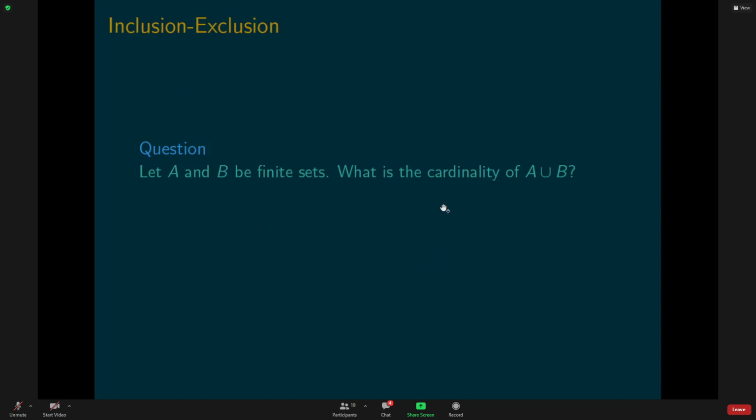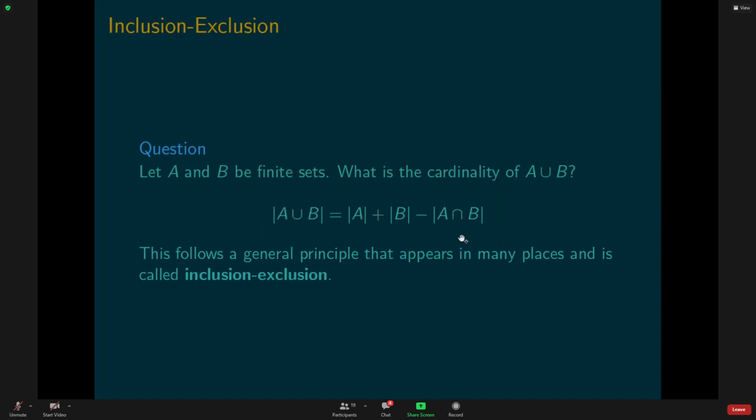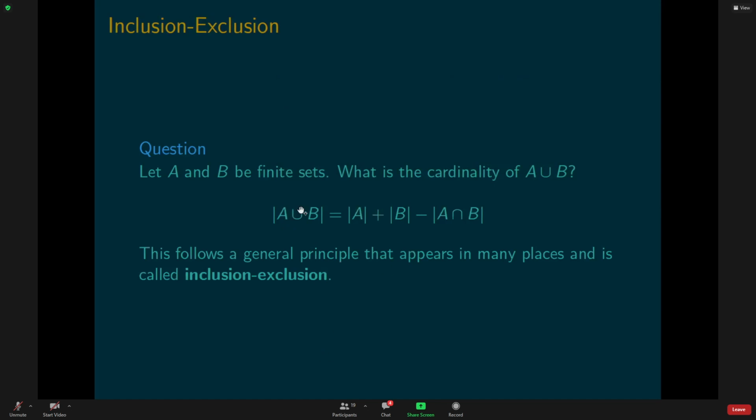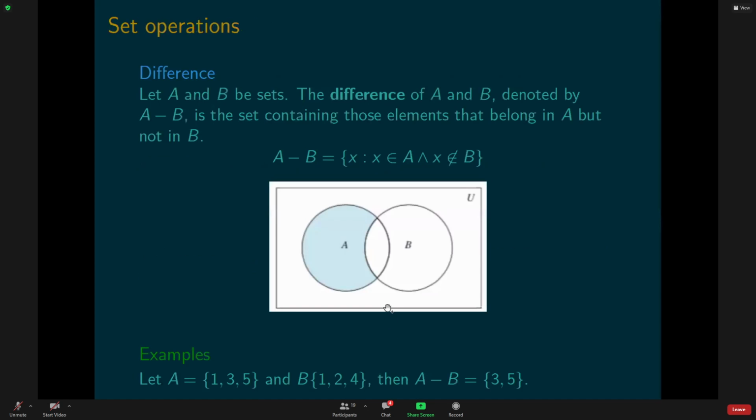What is the cardinality of A union B? It is not the cardinality of A plus the cardinality of B, because we overcount some things. Some elements were in both A and B, and then we have to subtract them. This is what we call inclusion-exclusion. Do you remember the principle?